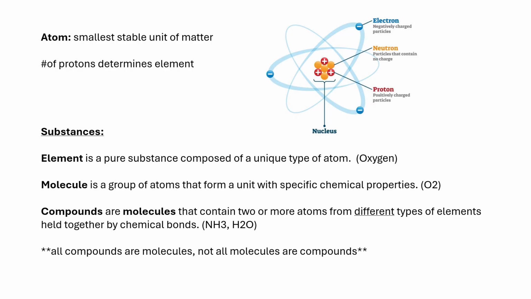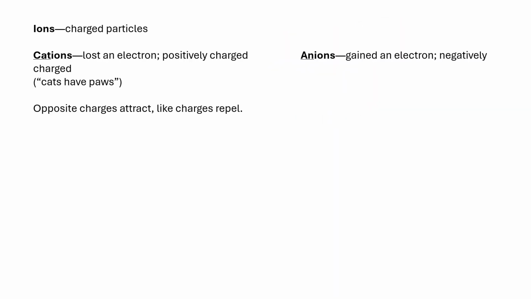One way is that an atom will sometimes gain or lose an electron. And when this happens, the atom becomes charged. Charged particles are called ions. Cations, and I'm emphasizing the cat, cations are positively charged, which means they lose an electron.